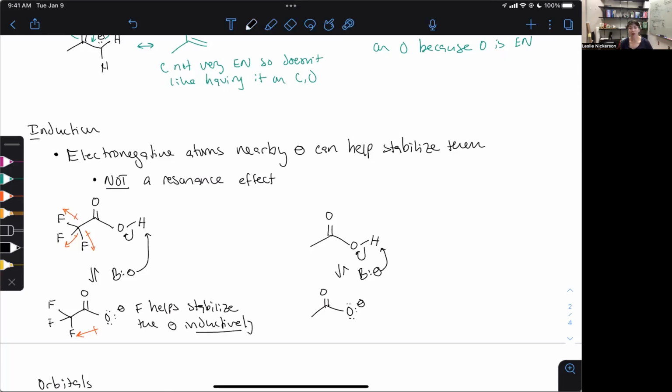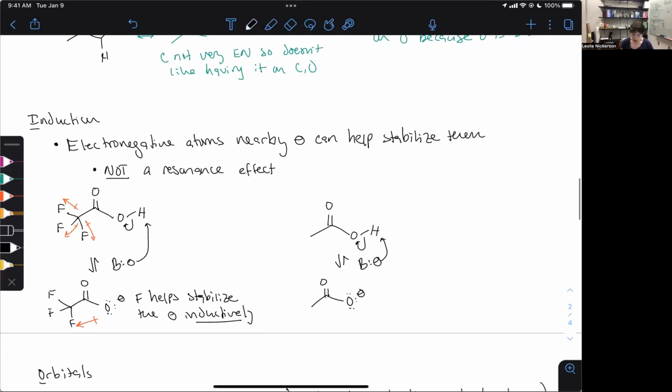Okay, and that happens inductively. It's more through the sigma bonds, not really through pi electrons. But same amount of resonance, this one is going to be more acidic, and this one is going to be least acidic.